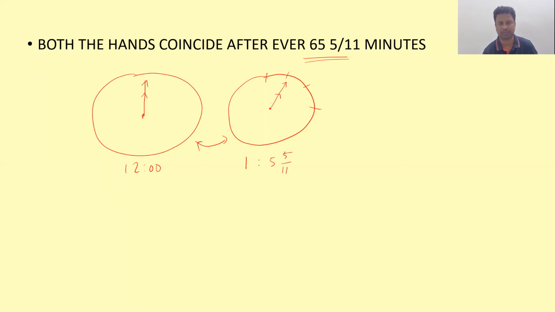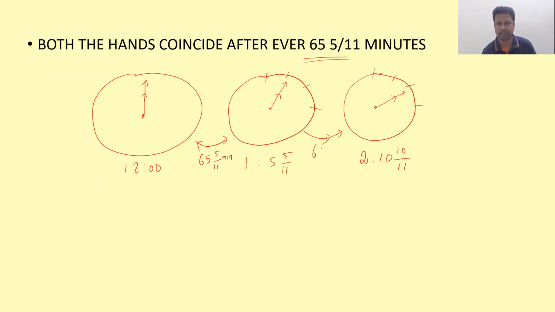No need to worry about these fractions. We can derive how we are getting this answer. The time gap between these two is 65 minutes 5/11. Every coincidence will happen after every 65 5/11 minutes. The next coincidence will happen at 2 o'clock 10 10/11 minutes.